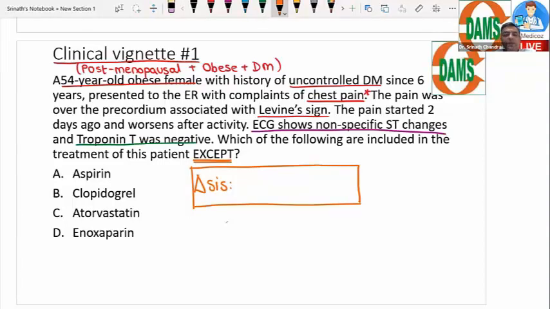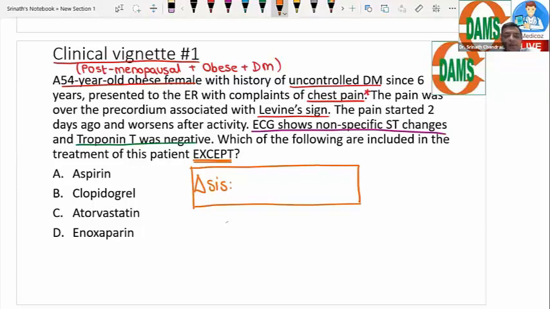And which of the following are not indicated in this treatment? Come on, start typing. I'm just waiting for a couple of answers to start.